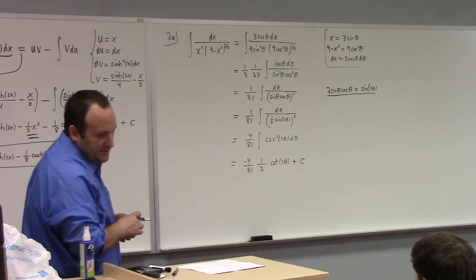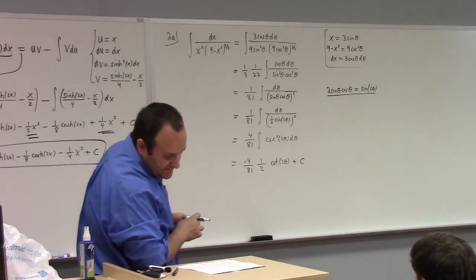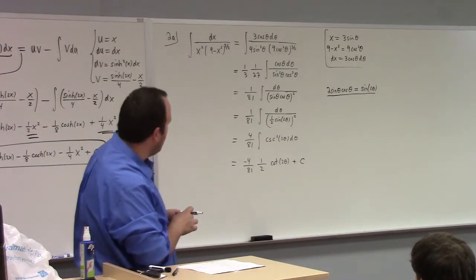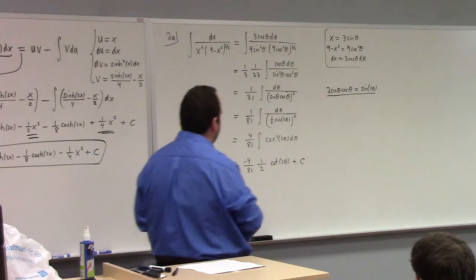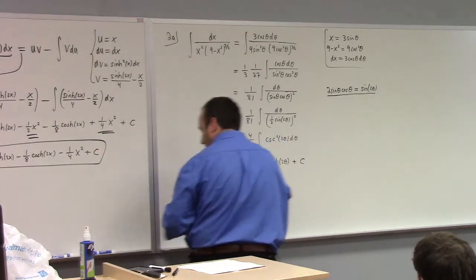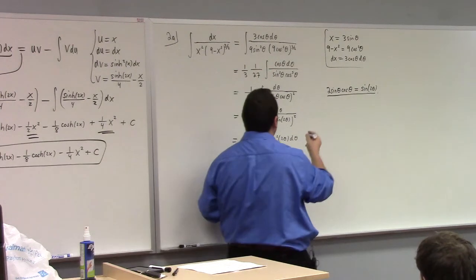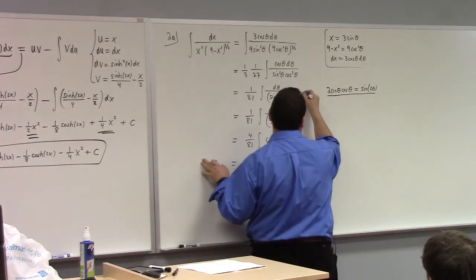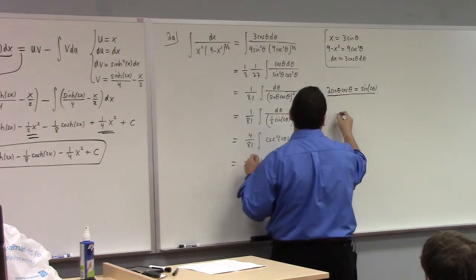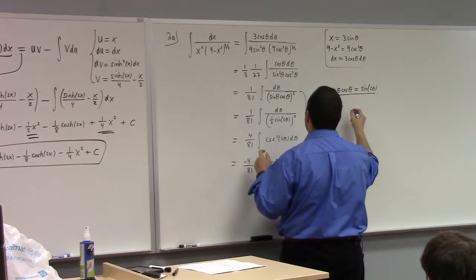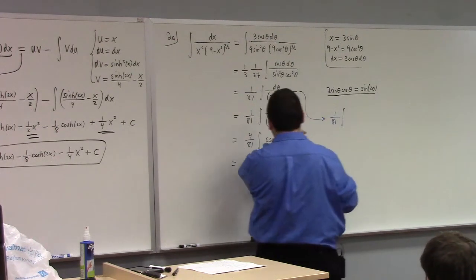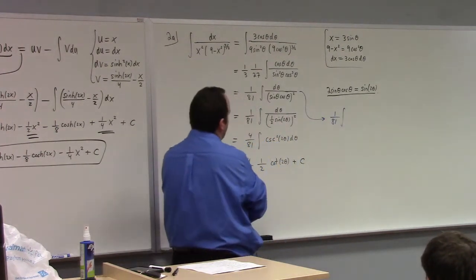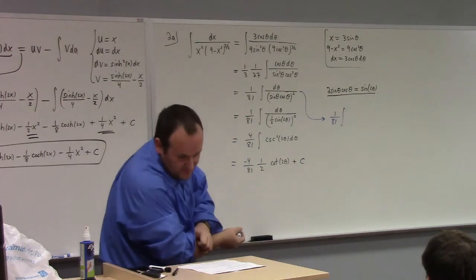Now, there are other ways to do it. In fact, Dr. Sprano has not done it this way. He has done it with secant. So let's see here. I'm trying not to do things two ways. All right, fine, I'll do it his way. So 1 over 81, integral of secant squared, cosecant squared.